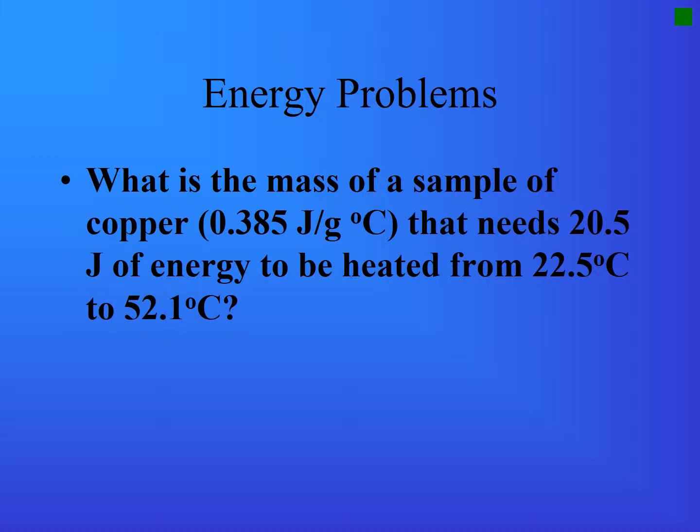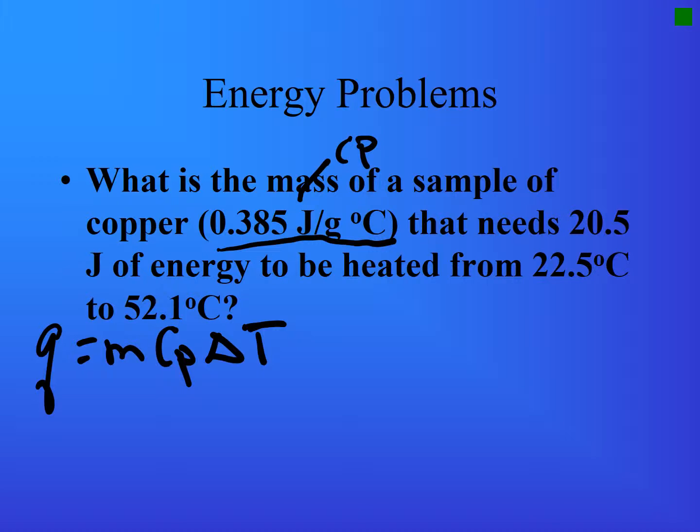What is the mass of a sample of copper? When we're looking at things, joules per gram degree C tells me that's Cp. It needs 20.5 joules of energy to be heated from 22.5 degrees C to 52.1 degrees C. So we have Q = mCpΔT. This is going to be our Cp.